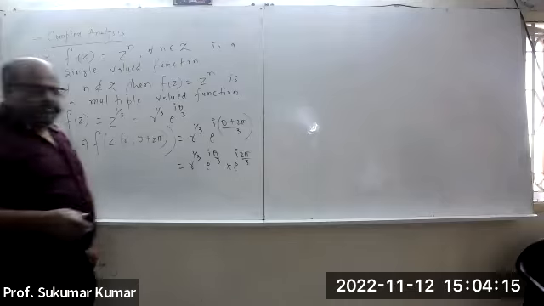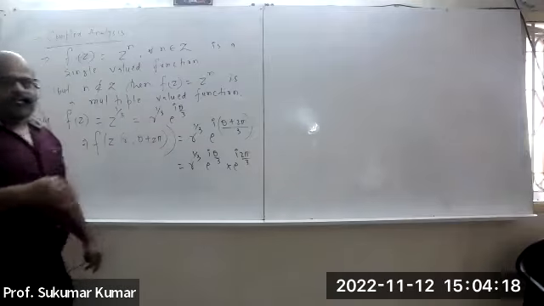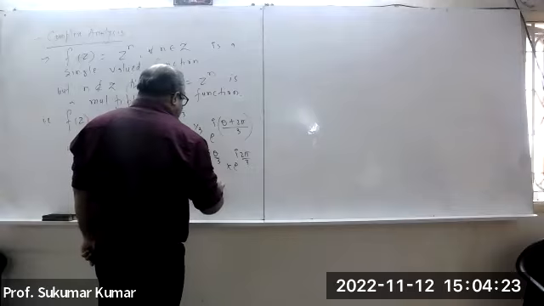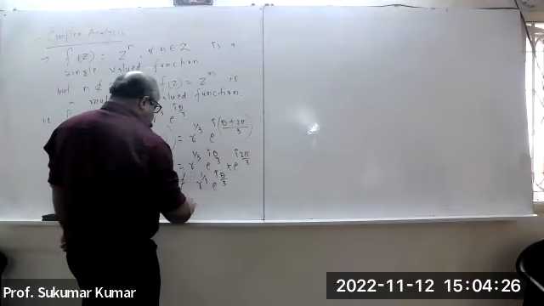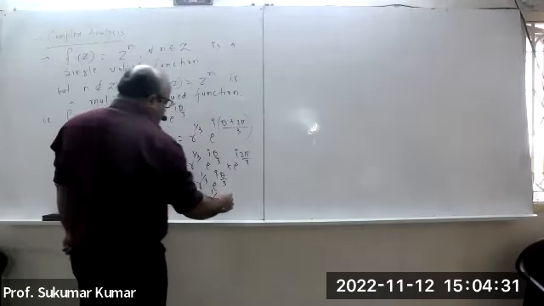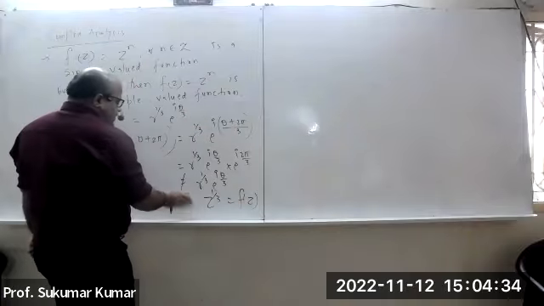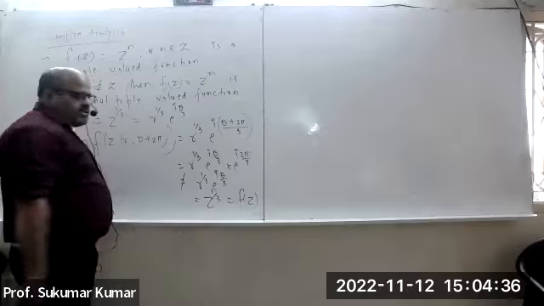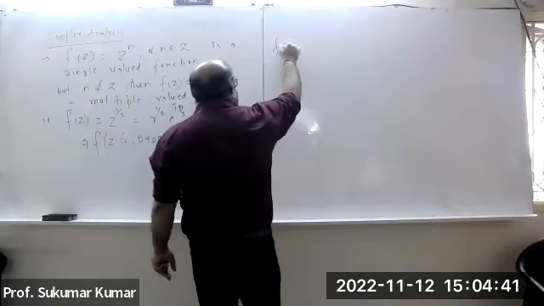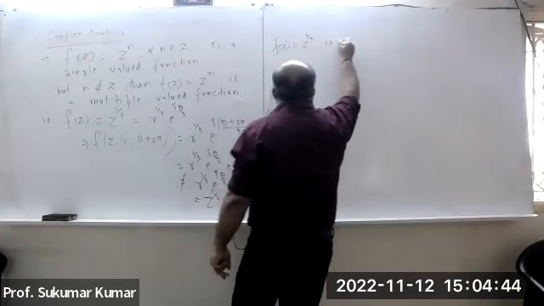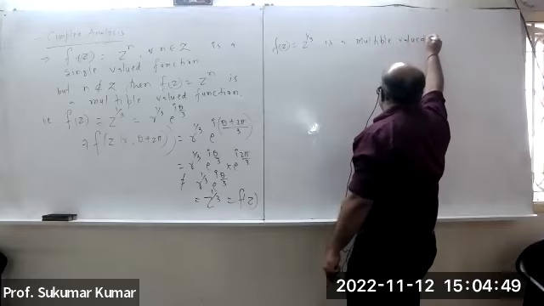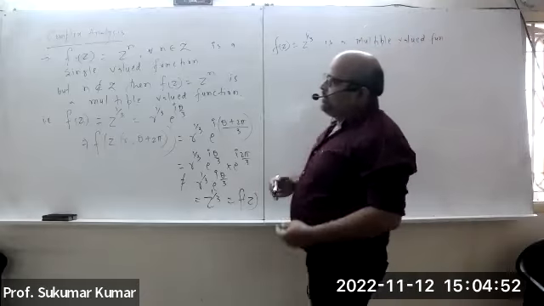So at theta plus 2 pi our x1, y1 will change. This is not equal to r power 1 by 3 e power i theta by 3, meaning not equal to z power 1 by 3. Is this equal to this? So this is a multiple valued function. f(z) is equal to z power 1 by 3 is a multiple valued function.